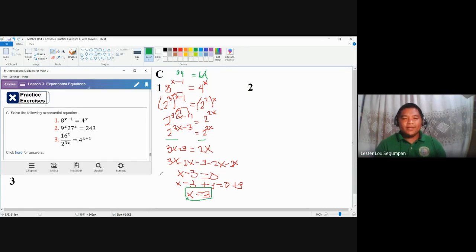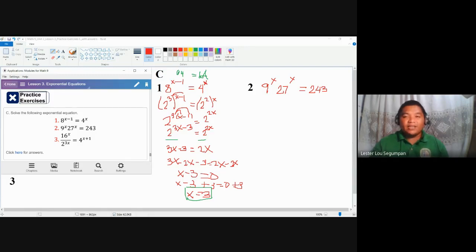Okay. As for number 2, let us copy them here. 9 to the power of x, 27 to the power of x is equal to 243. We can express all of the bases here by base 3 because 9 is 3 squared, 27 is 3 cubed, and 243 is actually 3 to the power of 5.